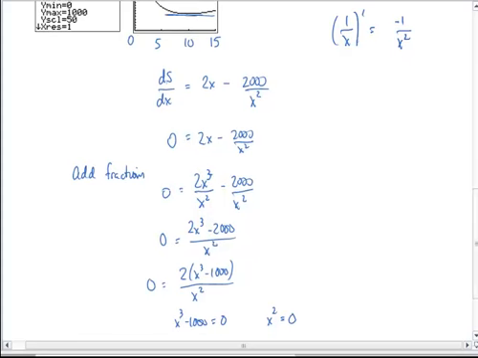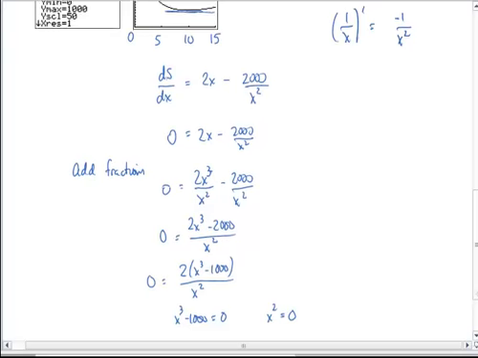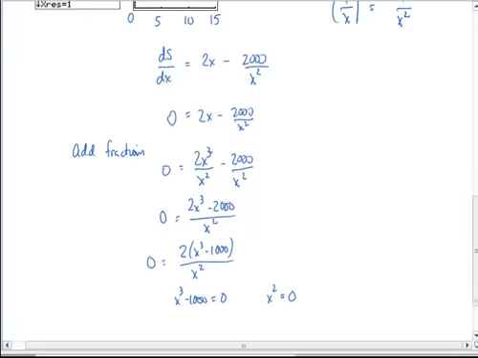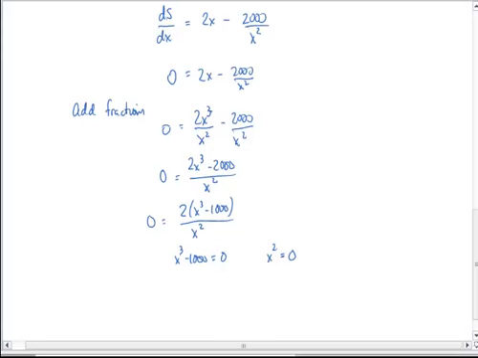We set the numerator equal to 0, and we get x cubed minus 1,000 equals 0. And for our other critical point, we set the denominator equal to 0. Now we solve, and the only value of x that can be cubed to subtract 1,000 from it to get 0 is x equals 10.